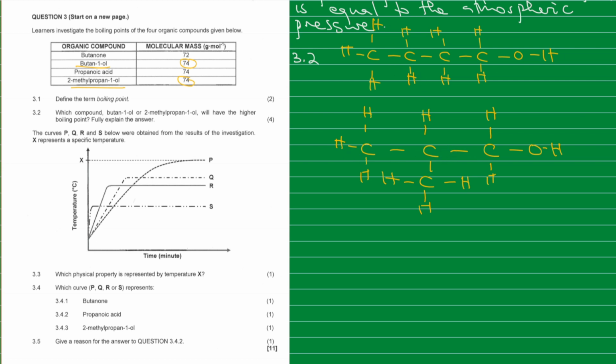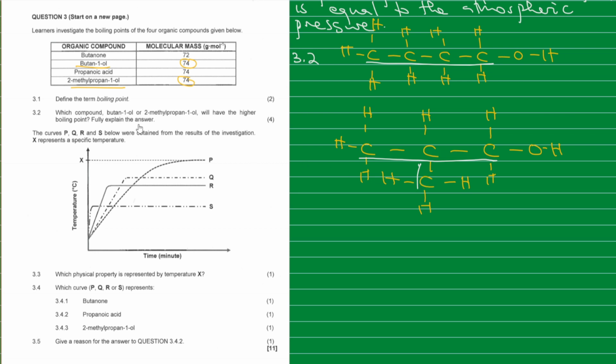Here we have a straight chain of C's, and here there's a branch over here. So that is a factor that will cause these compounds to have different boiling points.